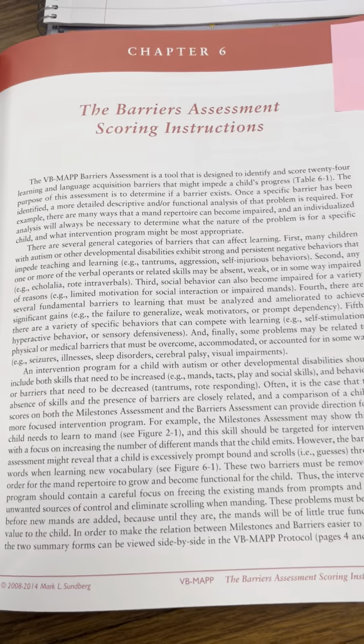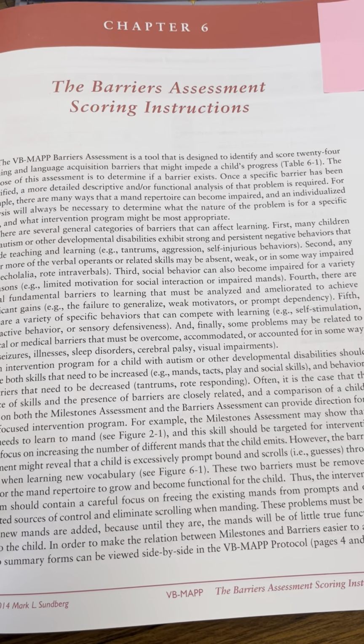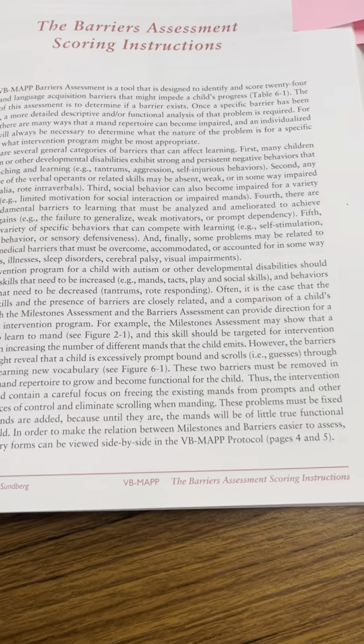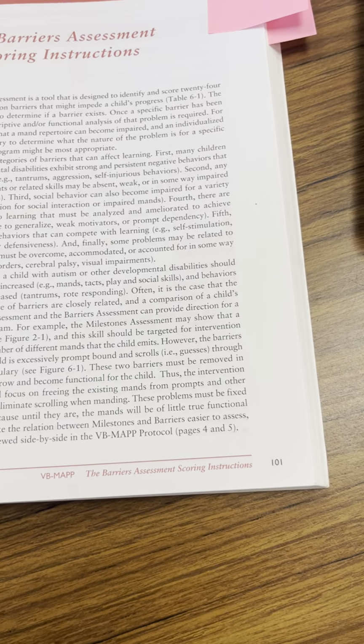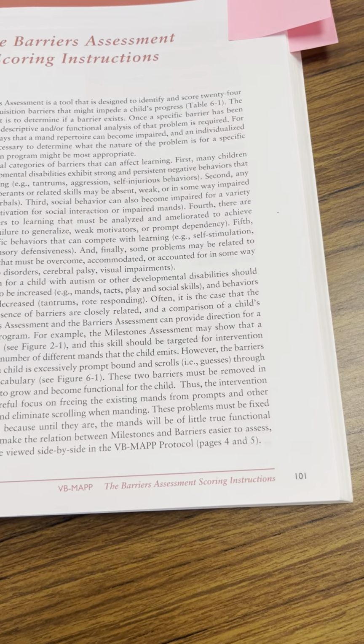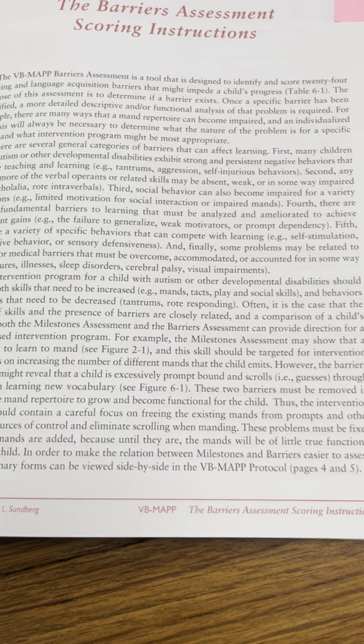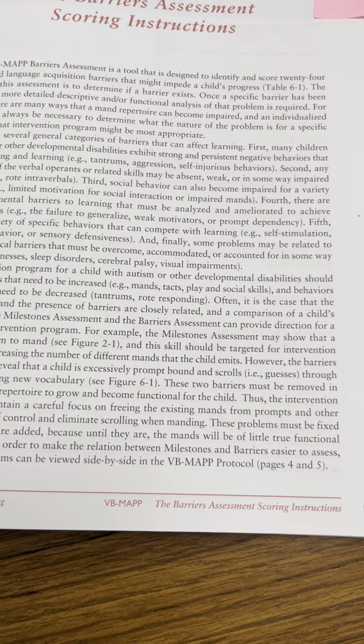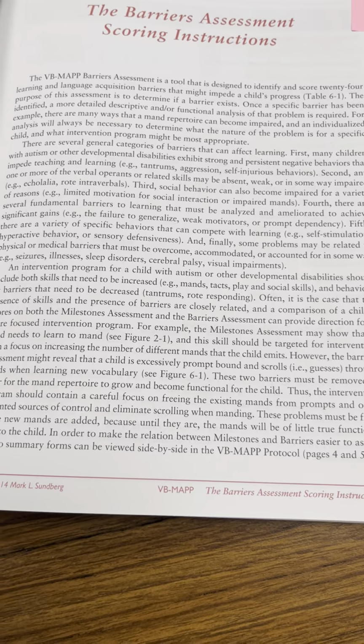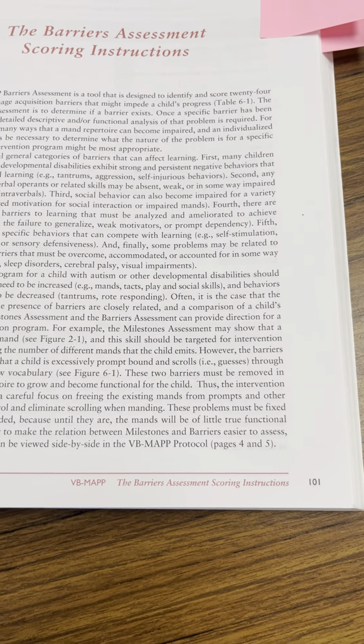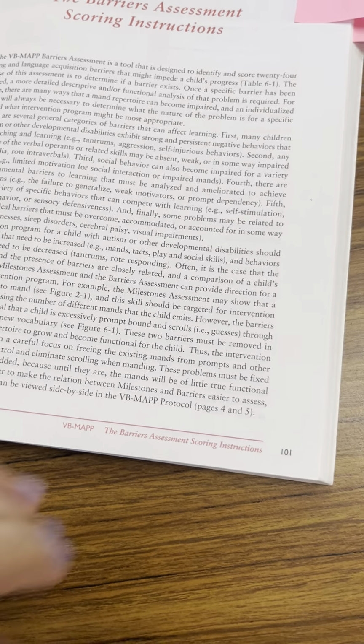The next section that I want to review is the barriers assessment. These are skills that are used to help identify any areas that might impede a child's learning or their progress, or behaviors to note as well.